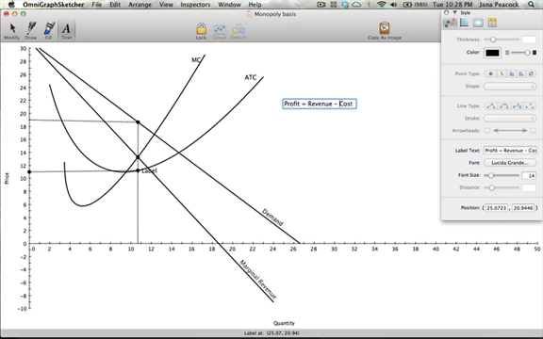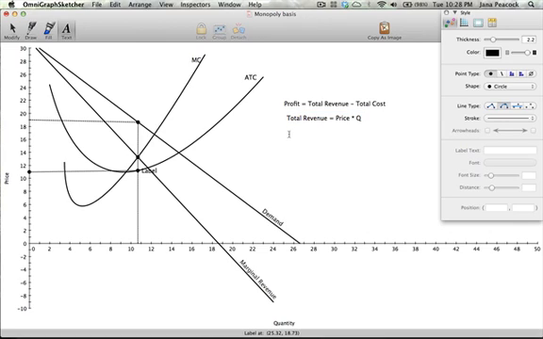And of course, not just revenue minus cost, total revenue minus total cost for this item. So the next question, of course, is what's total revenue? Total revenue equals the price times the quantity. Total cost.